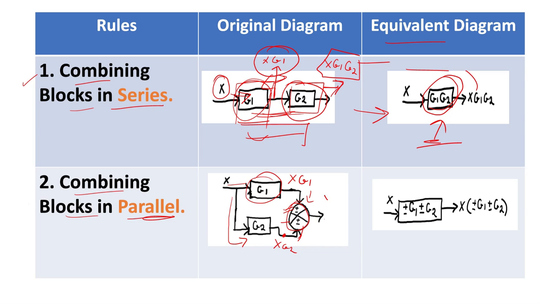So the equivalent output will be plus minus XG1 plus minus XG2. The sign depends on the sign available here. If we take X common, then we will get X into plus minus G1 plus minus G2.